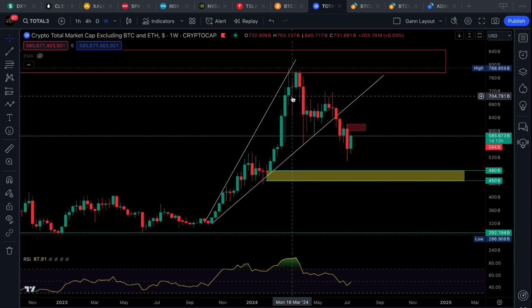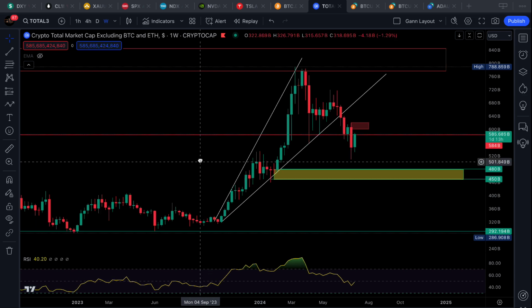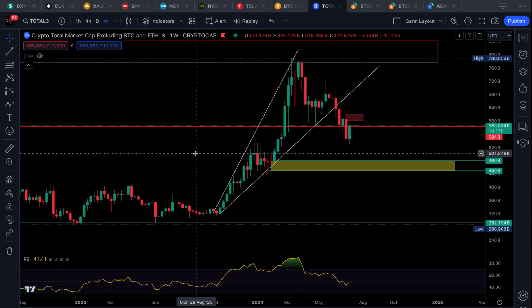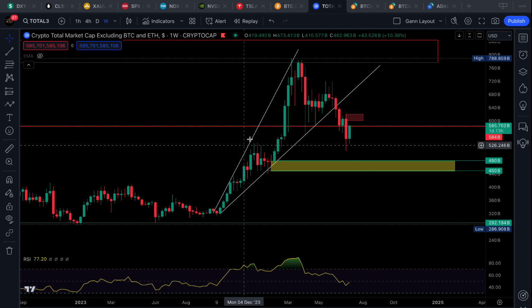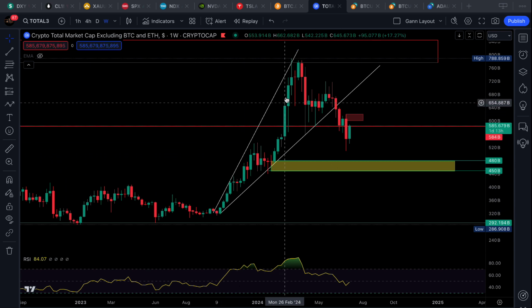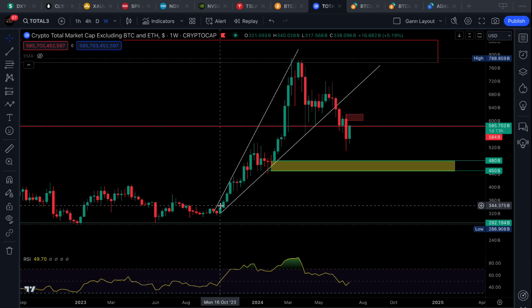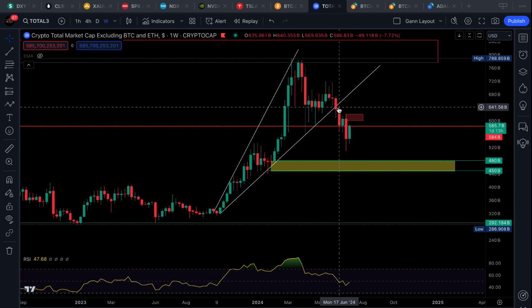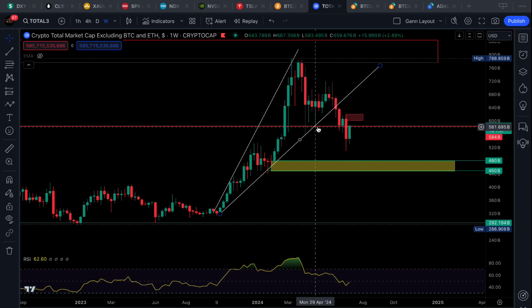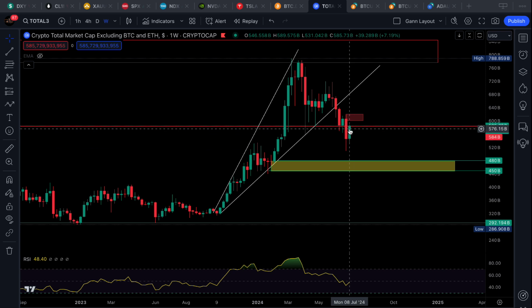Total 3 chart, which means the altcoin market excluding Bitcoin and Ethereum, was bearish overall. It was going up, but in a rising, broadening wedge, which is a bearish chart formation. It broke down. It broke below support at 580 billion. It is testing it from below now, okay?